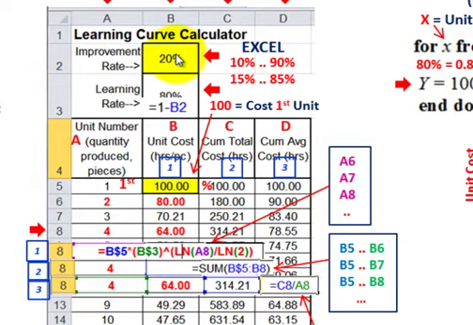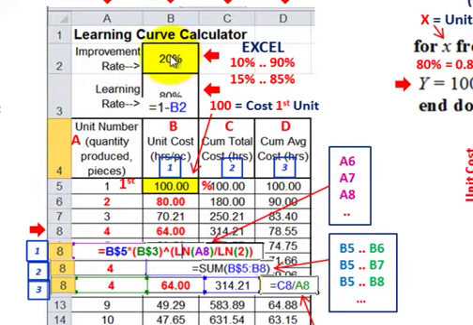Just enter it at 20%, and that's in B2, column B, row 2. You could put in 20% or 10% or 15%, and then your learning rate is automatically calculated. For B3, you put an equal sign, then 1 minus B2, whatever goes into B2.